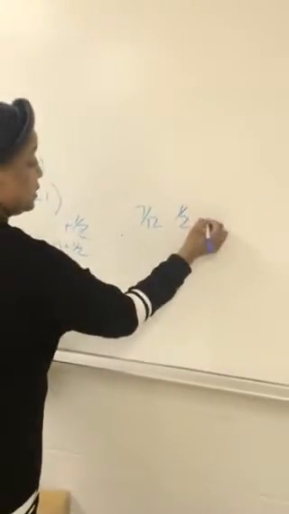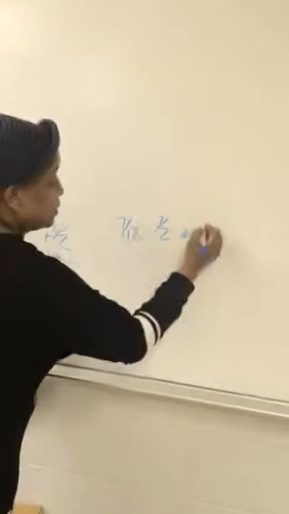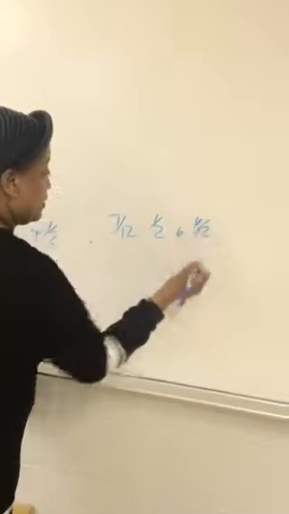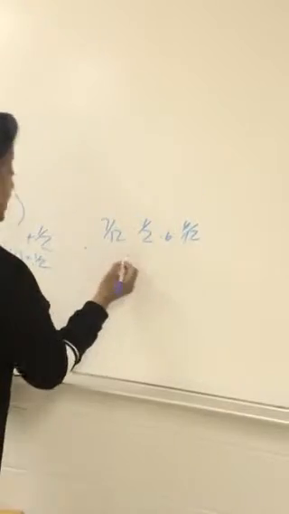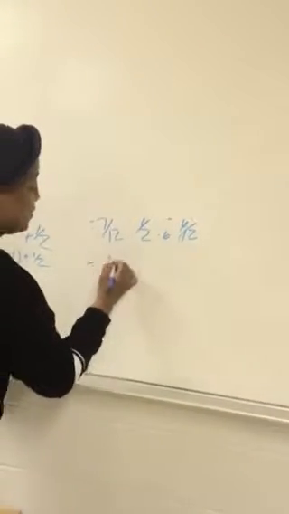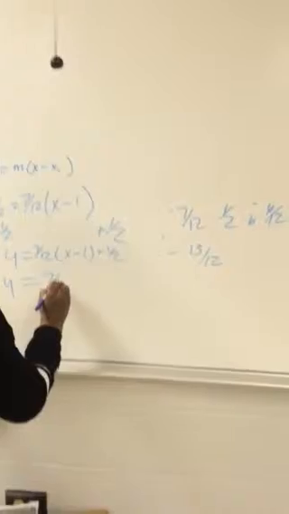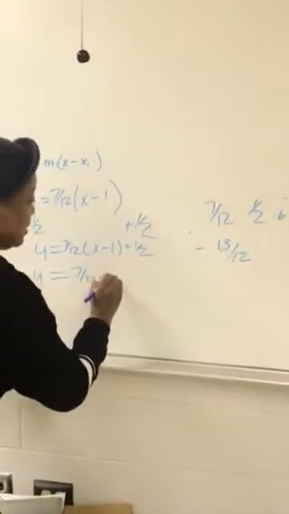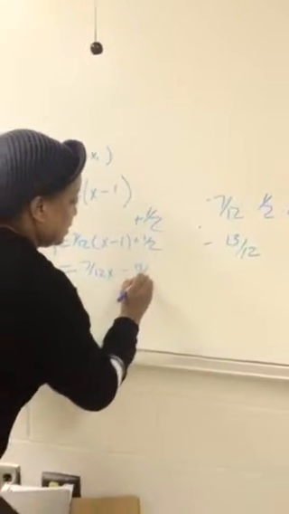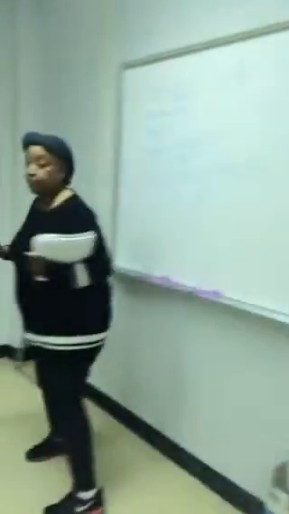And that's going to be 6 times 2 is going to be 12. So it's going to be 6/12. So these are negative. So it's going to be negative 13/12. So our answer is going to be 7/12x minus 13/12. That's our answer to problem number 2.